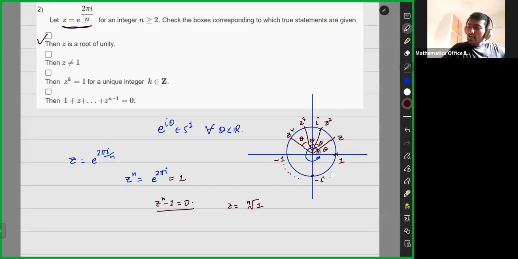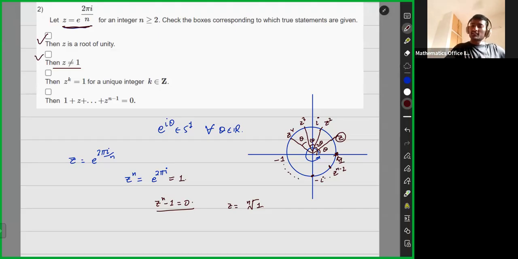At the end, it will be somewhere here, Z to the power n minus 1, and Z to the power n becomes 1. This is clear, right? Z is not equal to 1, of course, Z is here. So this is also true.